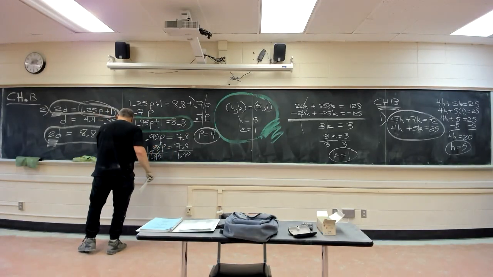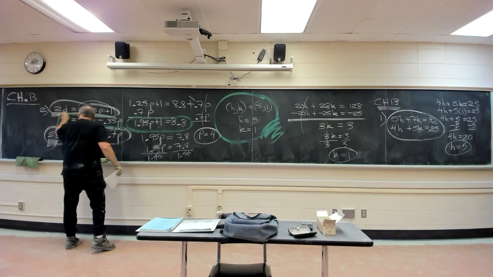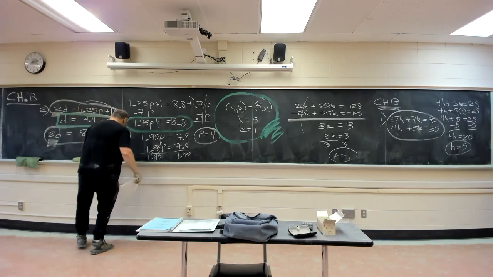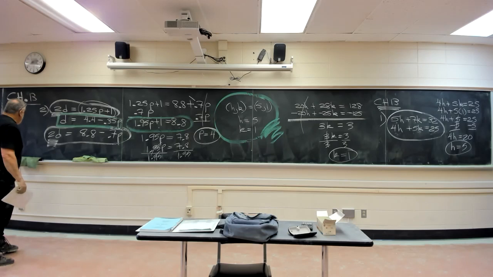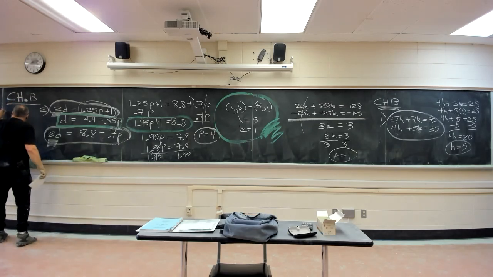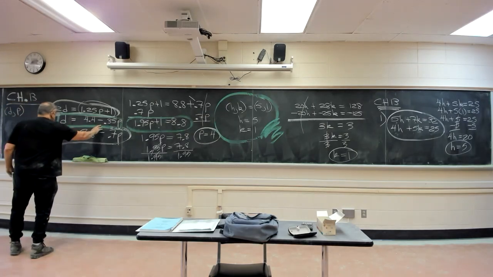Take this particular part of the system that you got there. To find D comma P, if P equals 4, why don't you put it right here?